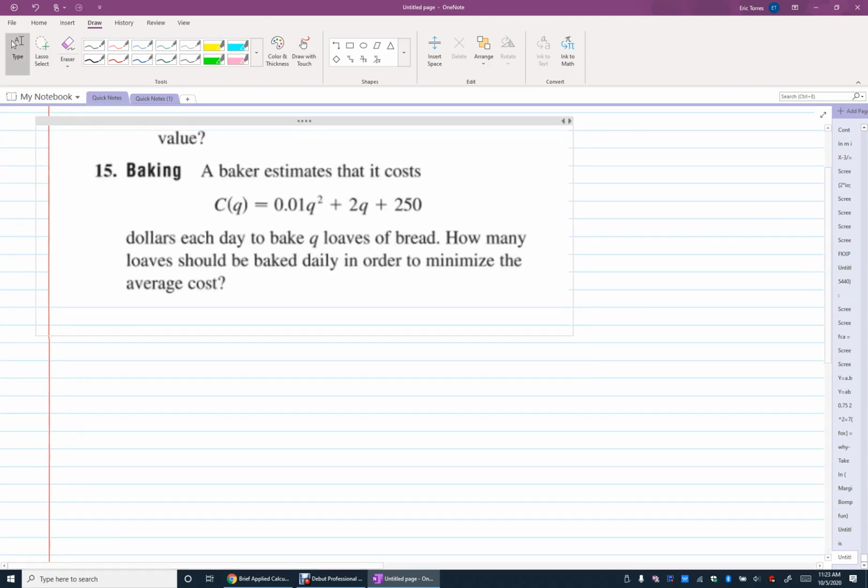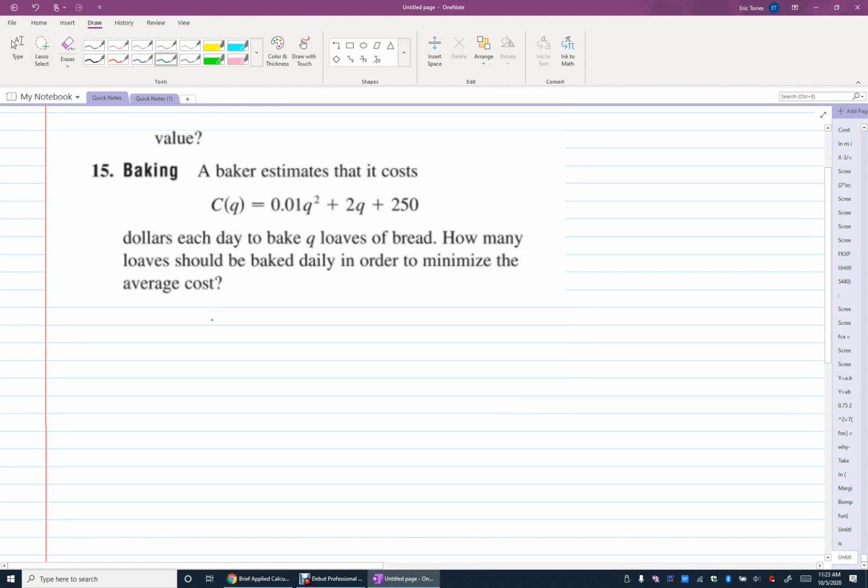So my average cost function is the derivative. I'm sorry, it's not my derivative. It is my total cost divided by my quantity.